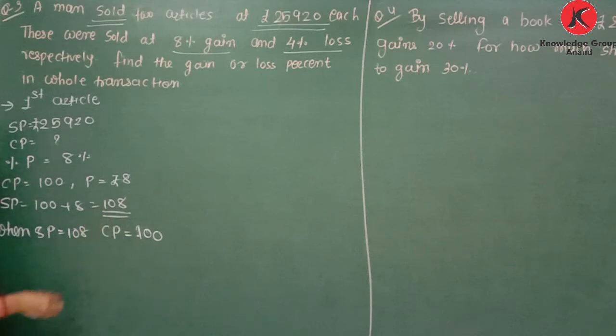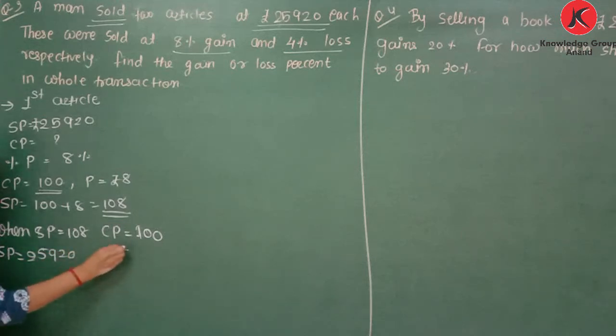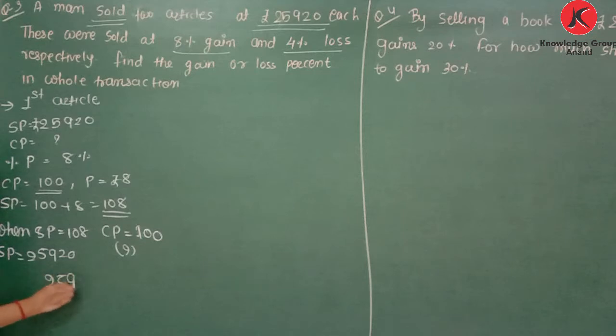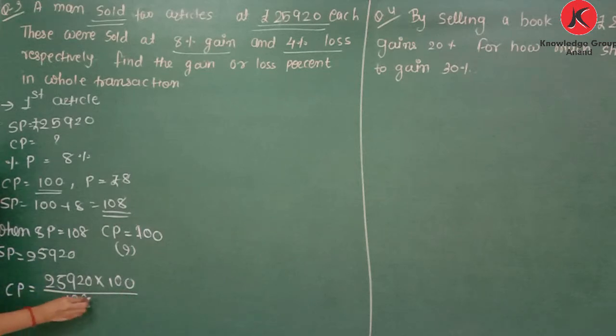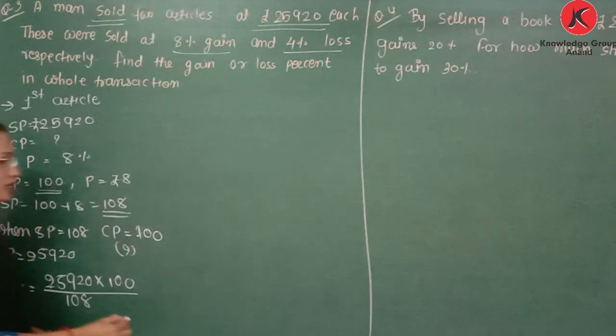But our SP is 25,920. So what is the CP? Now cross multiply. 25,920 multiply 100 gives our cost price. So 25,920 is divided by 108.